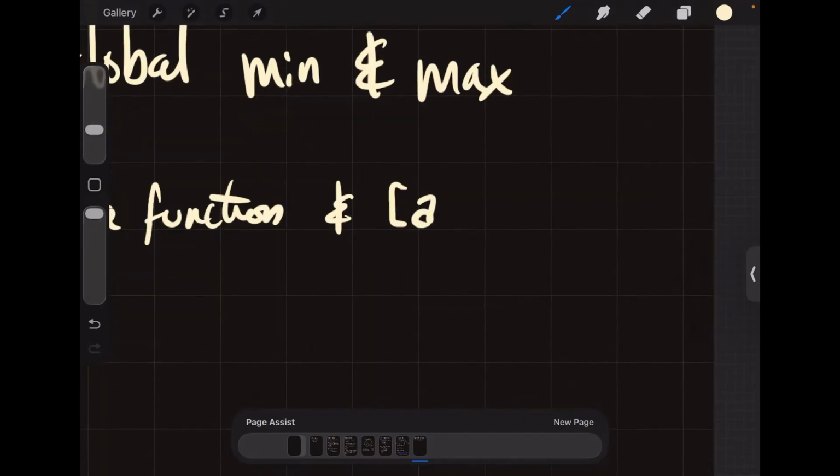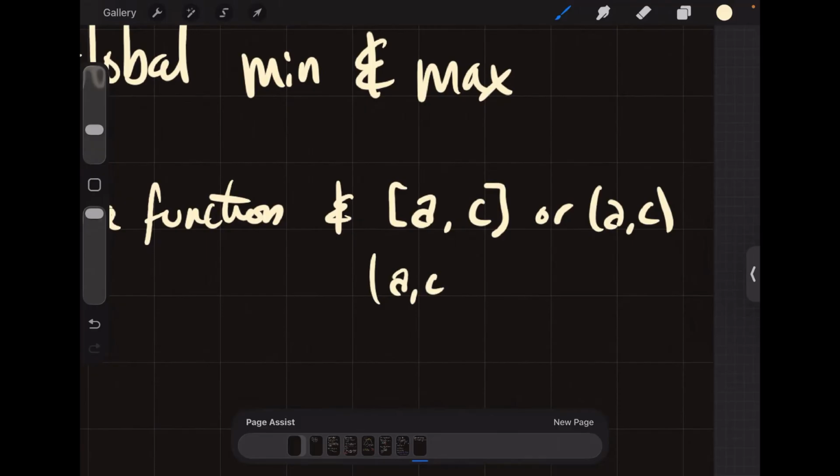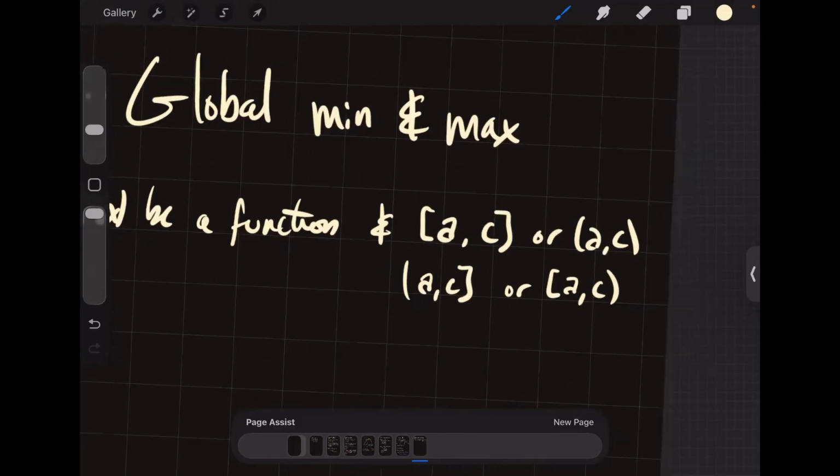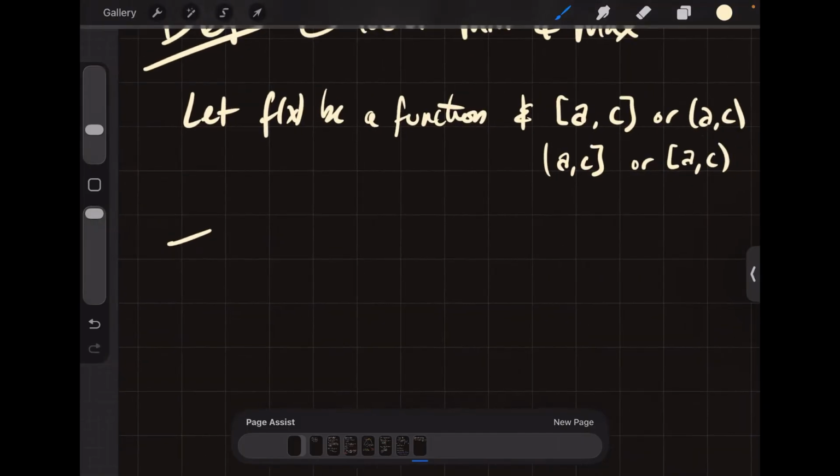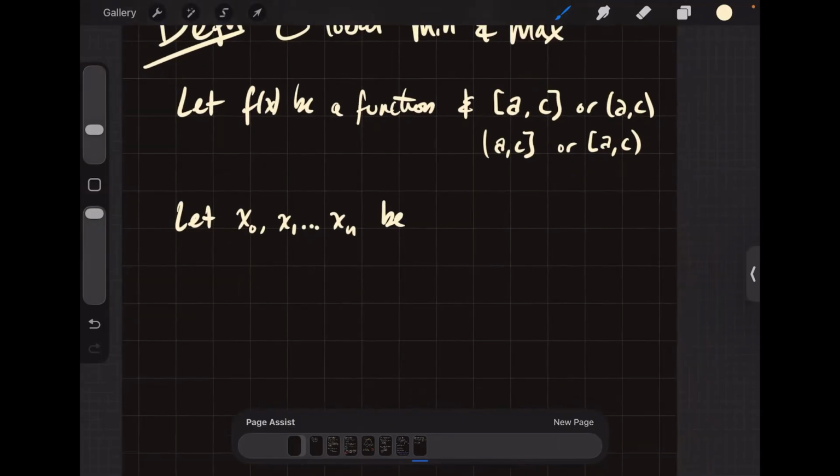It could be like a comma c like this, or a comma c like this, or it doesn't matter. Okay, let x0, x1, all the way to xn be maxes of f of x.